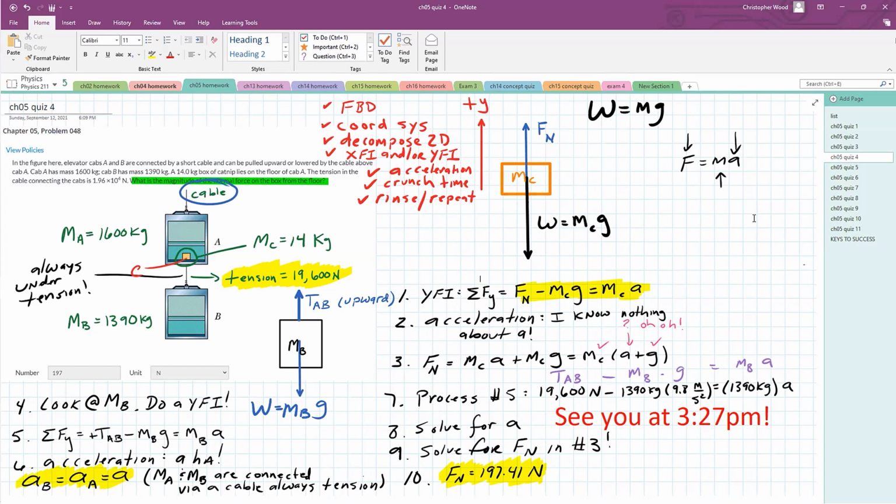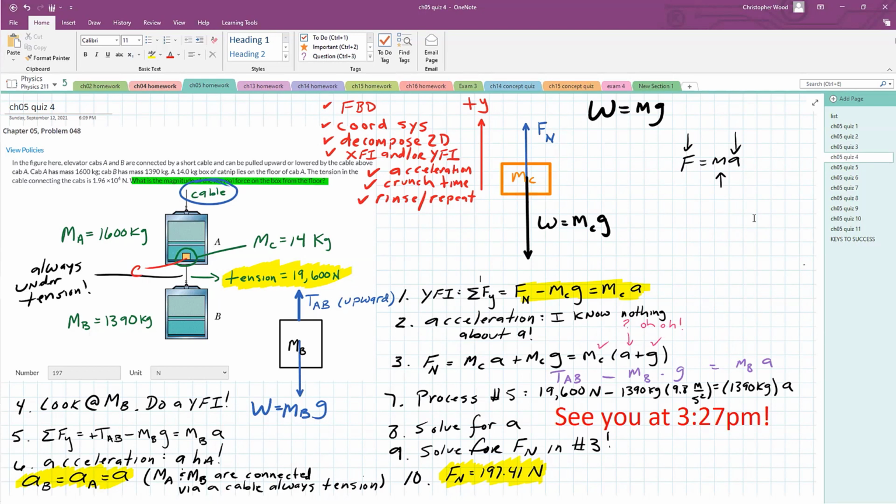If anyone's there, is A the same thing as MCA? Like, is the acceleration the same? Is he representing it the same as MCA in number 3? For quiz 4? Yeah.